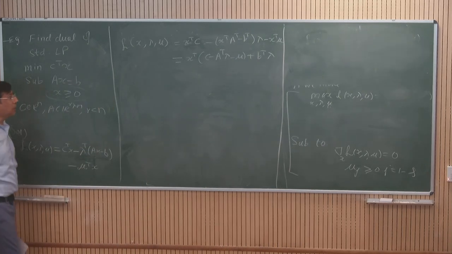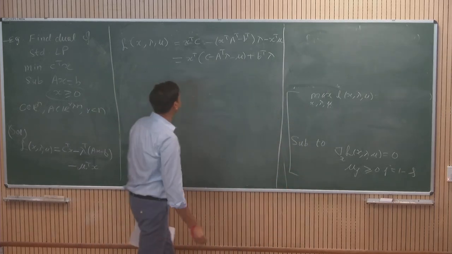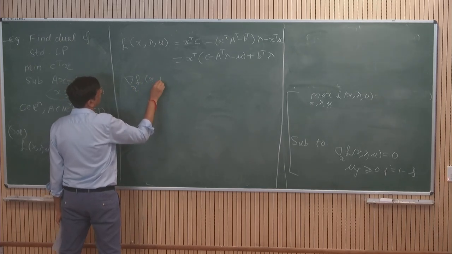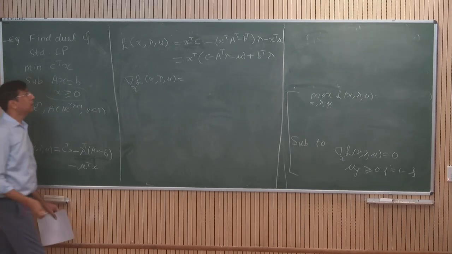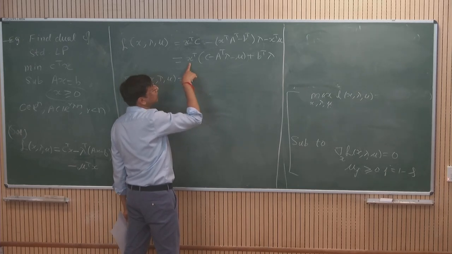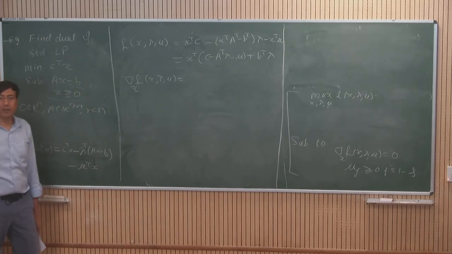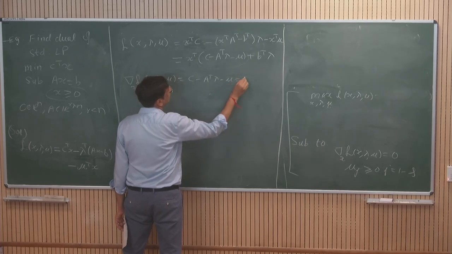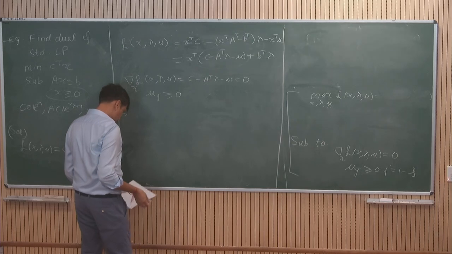Correct? Now this is the maximizing function. Let's try to write what is the gradient of this. What is the gradient? It is just this vector. Again, this is a transpose b, and if you take gradient with respect to a, then it will just turn out to be b. This we have done many times, right? So this is nothing but c minus A transpose lambda minus mu equal to 0, and the constraints you had were mu j's greater than or equal to 0.